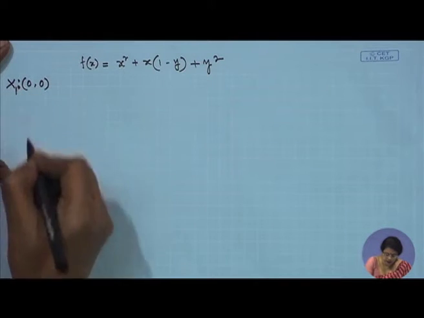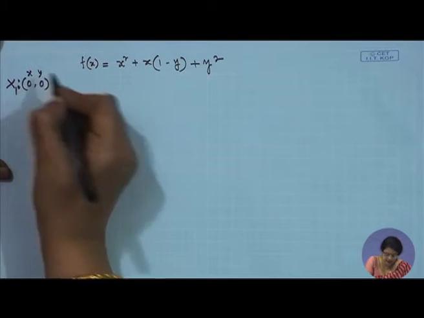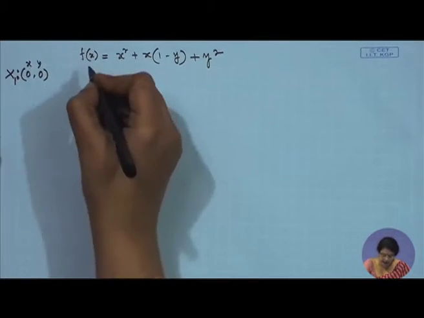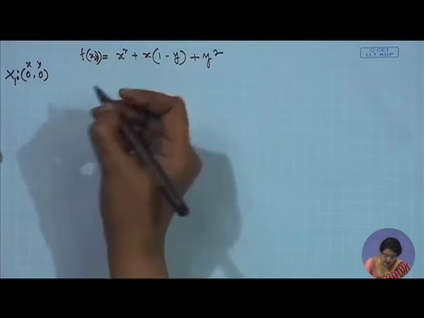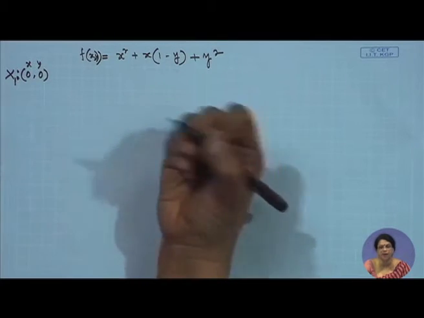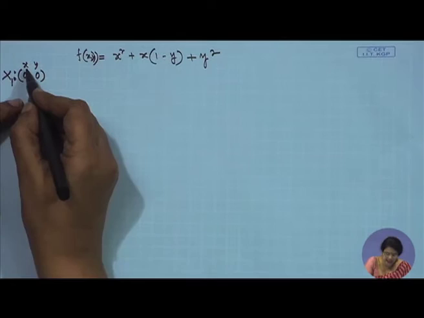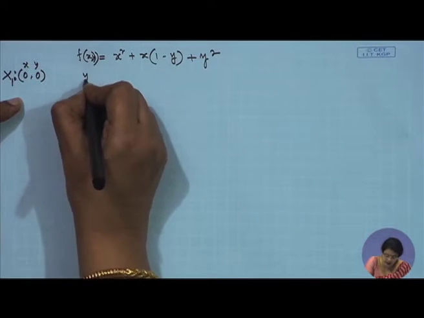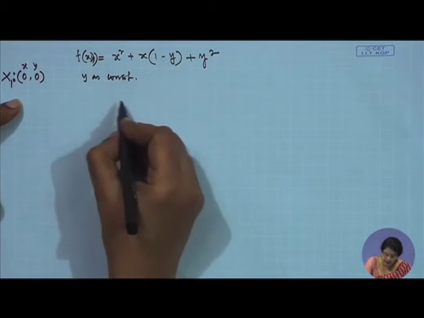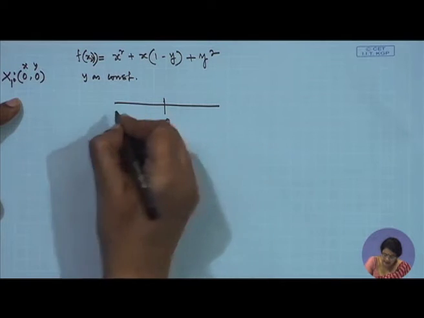If I start from 0 0, this is x, this is y, I can keep x as a constant and change y, or I can keep y as a constant and change x.